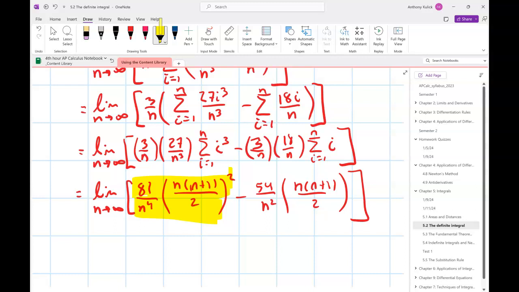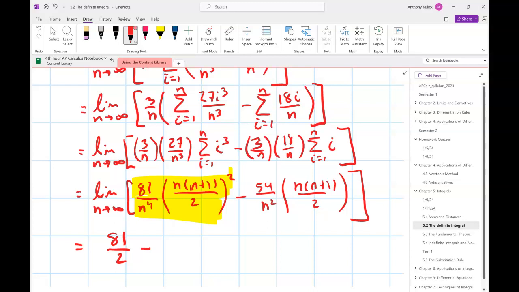If I look, the numerator is a polynomial, a degree 4 polynomial. n times n plus 1 is degree 2, but it's squared, so it's degree 4, with leading coefficient 81. The denominator is a degree 4 polynomial with leading coefficient 2. So that first limit turns out to be 81 over 2.